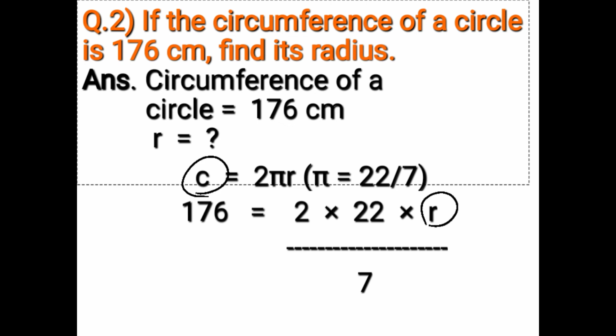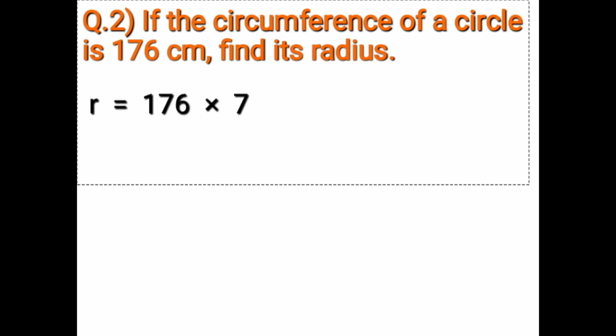So you have to use the cross multiplication method when you find the radius. Take the radius on the left side. Radius is equal to 176 into 7 upon 2 into 22, according to the cross multiplication method.